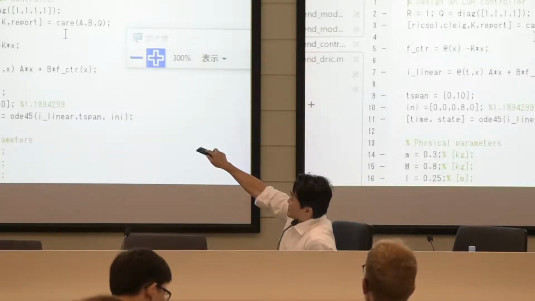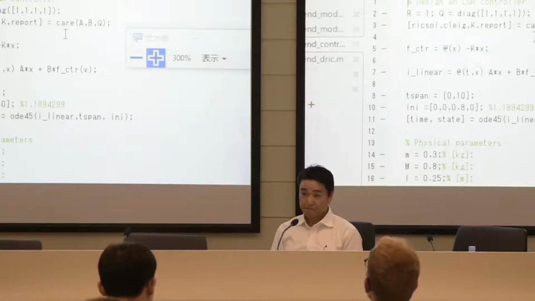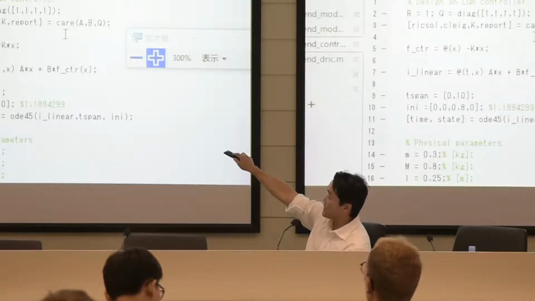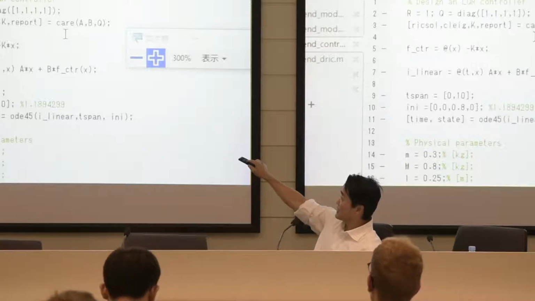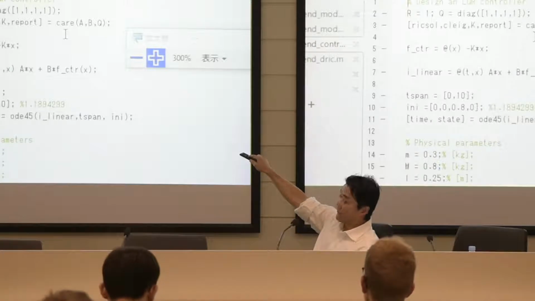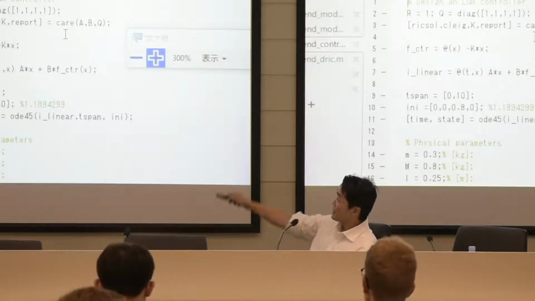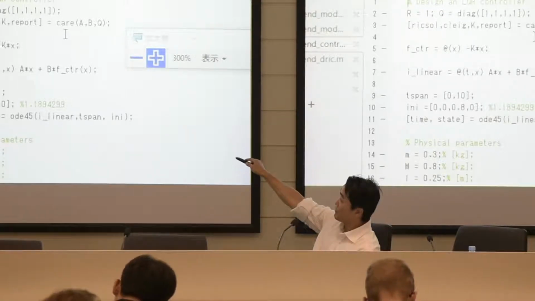The name is F under bar control, which is a function of X, and inside, minus K times X. And you don't have to care about the size of the matrix. As long as this multiplication can be defined, it understands X will be a vector compatible to the size of K. Okay, so this is the linear feedback control.